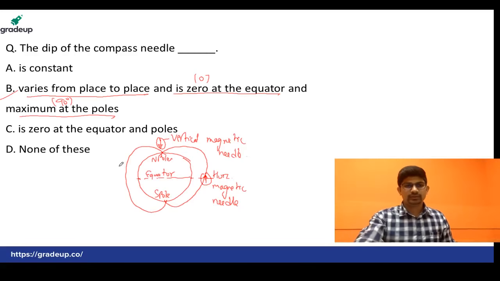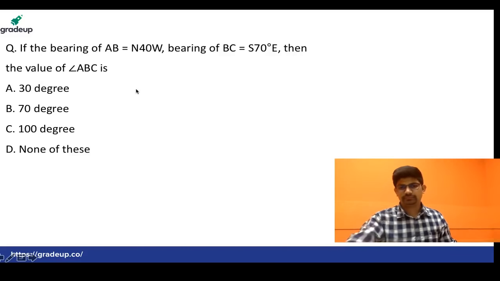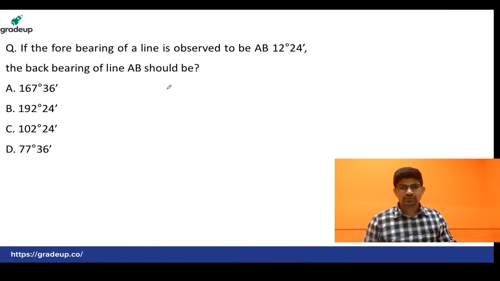Now question number 3. If the fore bearing of the line is observed to be this much, then the back bearing of line AB should be? Back bearing is fore bearing plus or minus 180 degree.